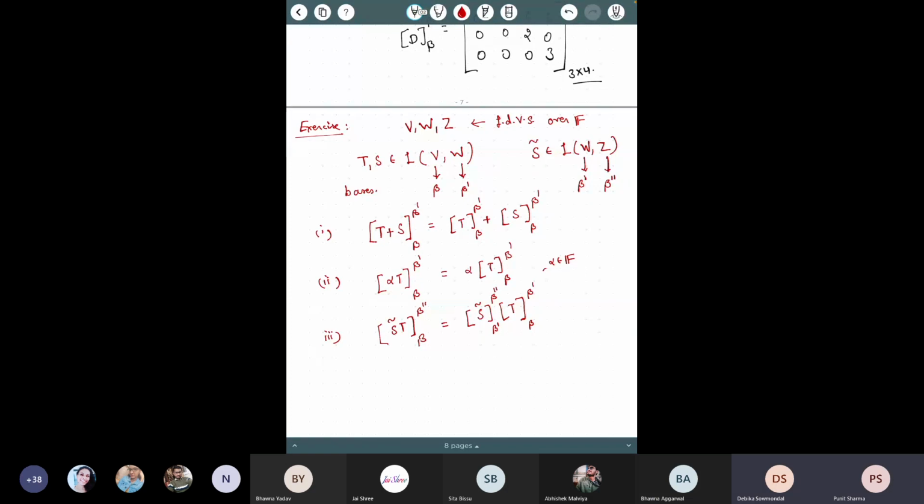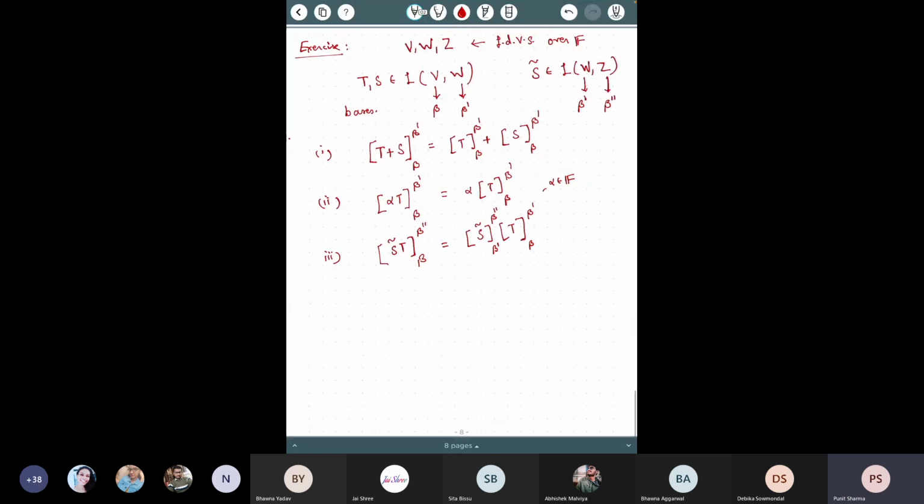So this is an exercise for you. You can verify that this is correct. I can give you some hint how to prove it. This is very easy. For example, let us look at the first one. Suppose that what we have to prove is that the matrix of T plus S is equal to the sum of the matrix of T and the matrix of S. So let's say the matrix of T with respect to B and B dash is equal to, let's say, Aij.